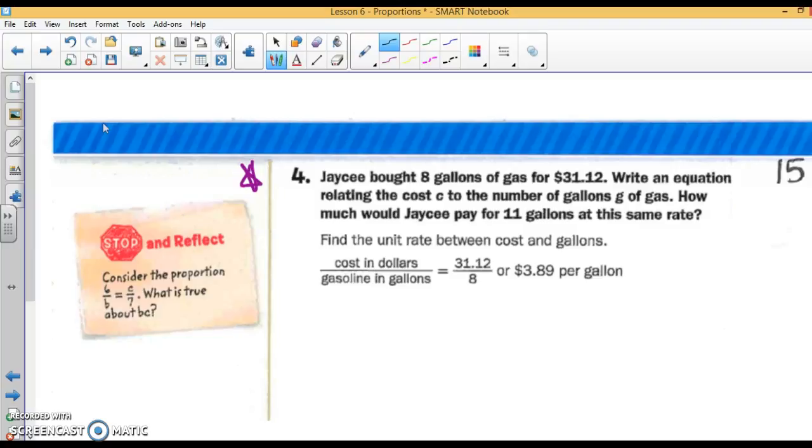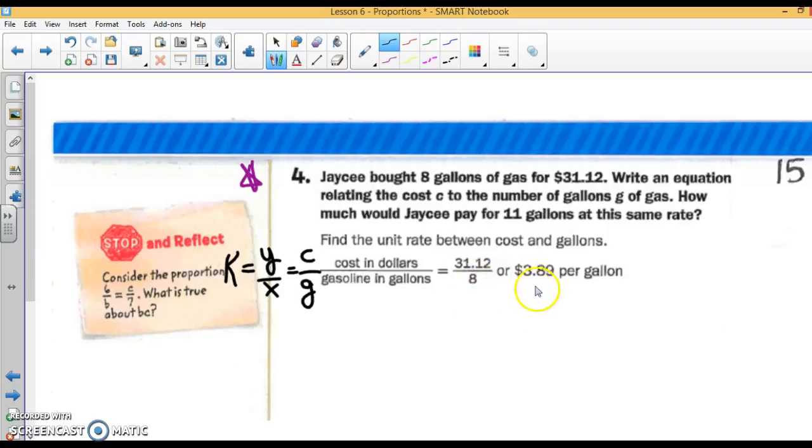So, cost in dollars, gasoline. Let's remember, K is y over x. And they're telling us that they want us to use C for the cost, and G for the gallons of gas. I'm writing this here so I can keep track of which one goes where. Now, our cost is $31.12 for 8 gallons.